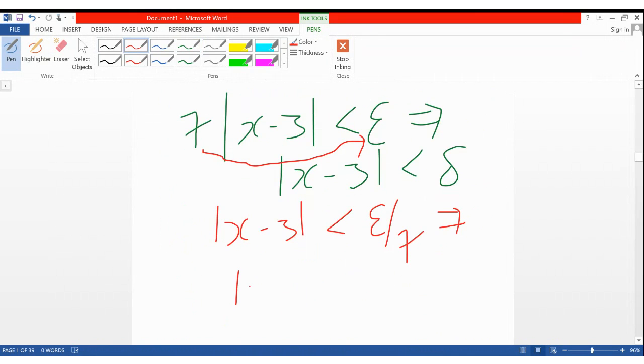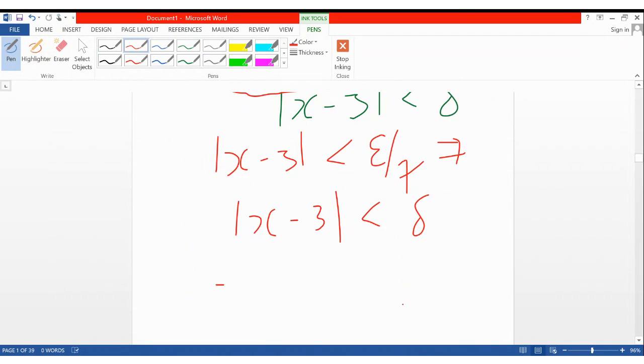So we have the same thing now. We can easily say that delta is the same as epsilon over 7. I've taken the biggest value, which is equal to that; the other values are less. So I've taken the biggest value to demonstrate that.